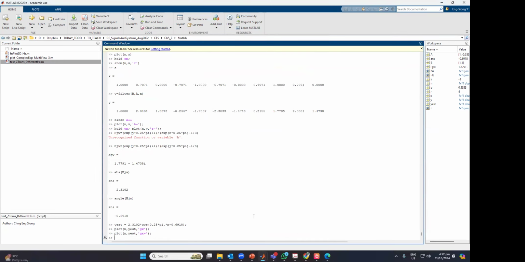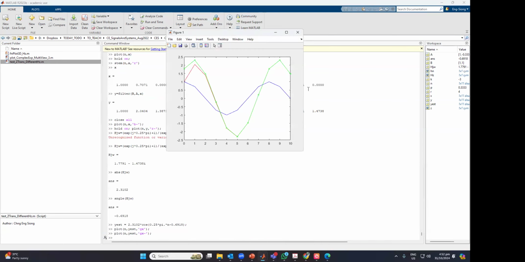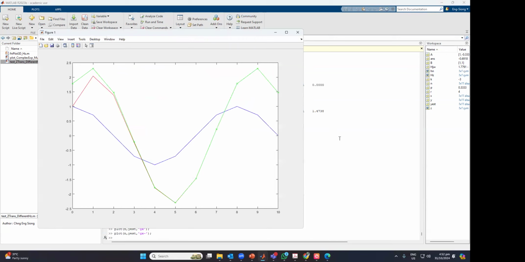Okay. All right, guys. Look at the magic. After the third sample, the fourth sample, the green line and the red line overlap completely. Can you see? Yes? Happy?